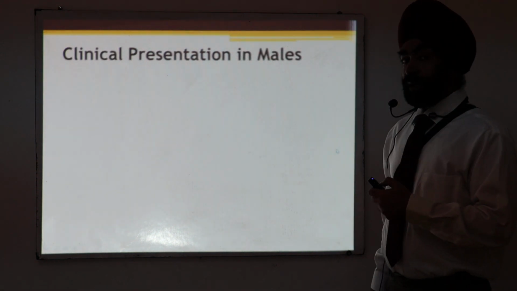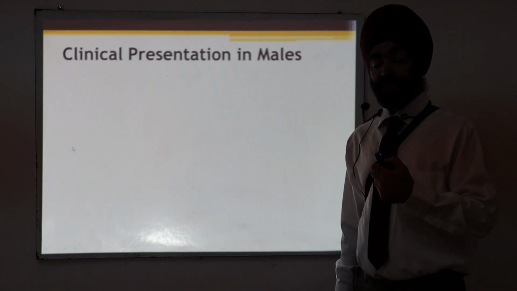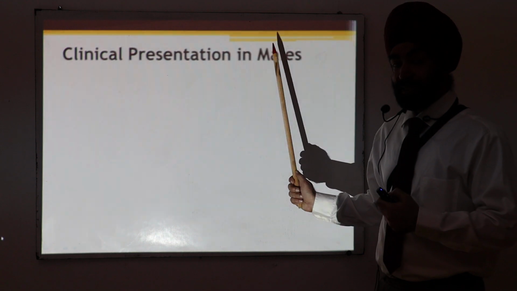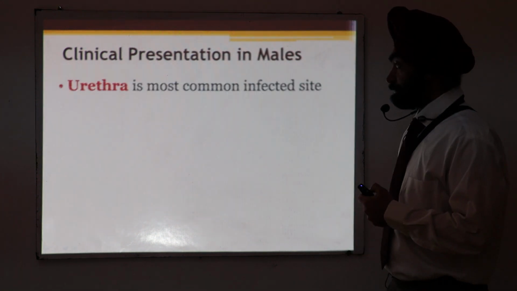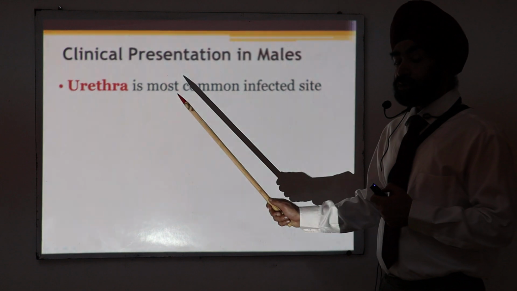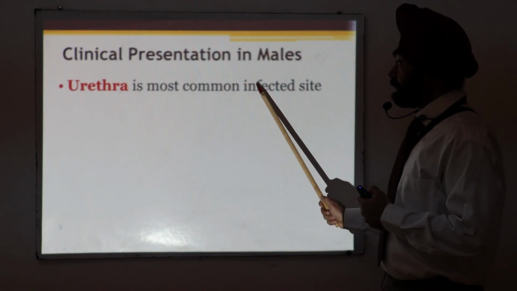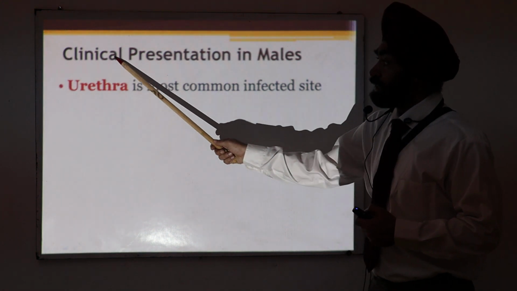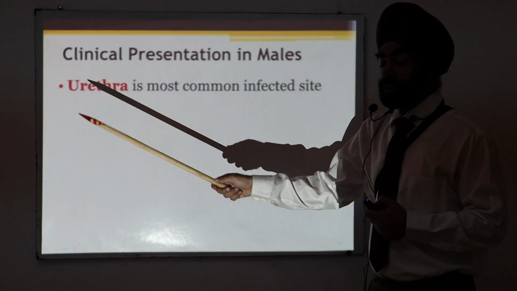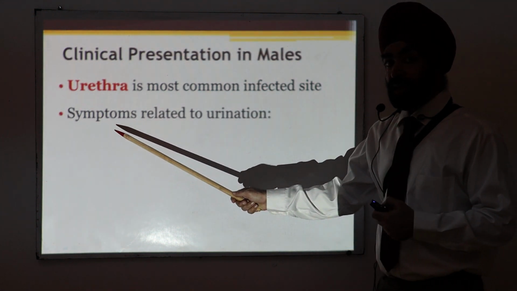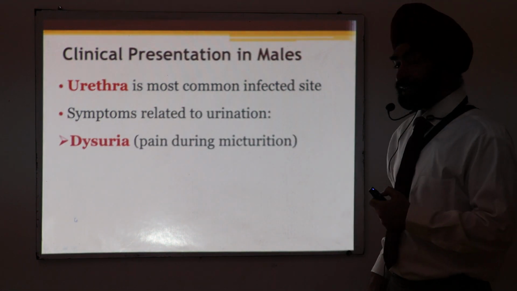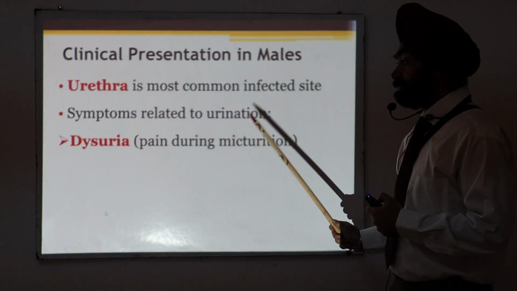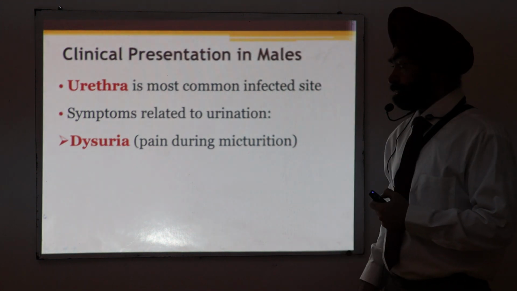Now, what kind of symptoms will be there if this infection occurs in males? I will discuss first the males, then the females. The most common region infected in males is the urethra, which is related to micturition, so the symptoms are ultimately related to urination. Dysuria, meaning pain during micturition, is one of the very important symptoms.